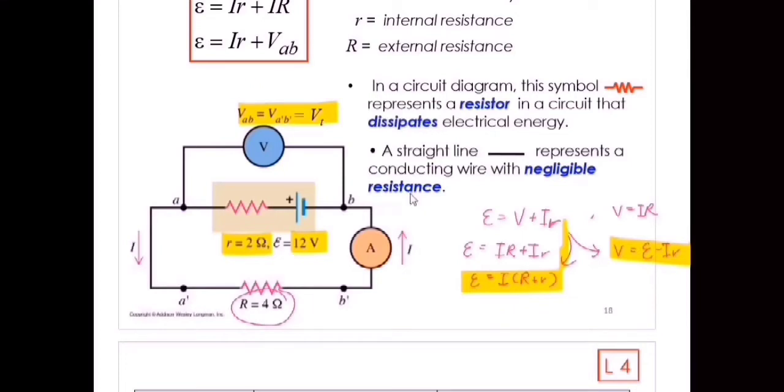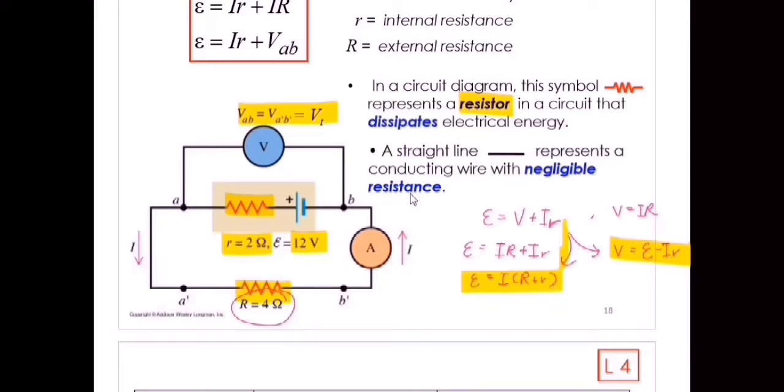But what I would like to highlight here is that this represents the resistor of the circuit. We have the external resistor here, and this is the internal resistor. The resistor acts as a tool which consumes energy. The battery produces or gives out energy, whereas the resistor consumes it.